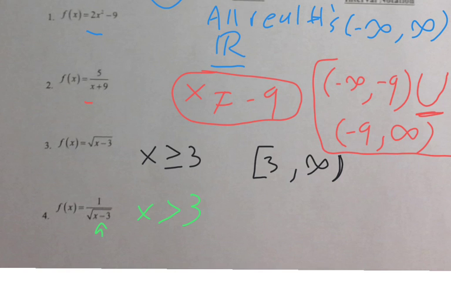Now we write parentheses 3, comma, infinity, parentheses, because we know now 3 is not included in this function. It is not included in the graph. It will be undefined if it was 3. That's the parentheses. Parentheses not included, brackets included.